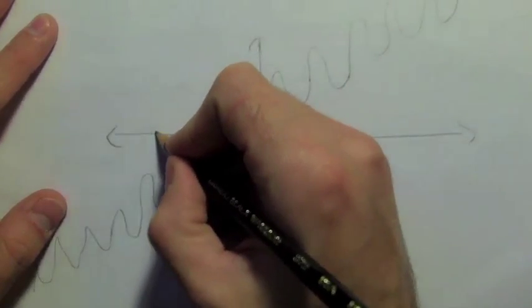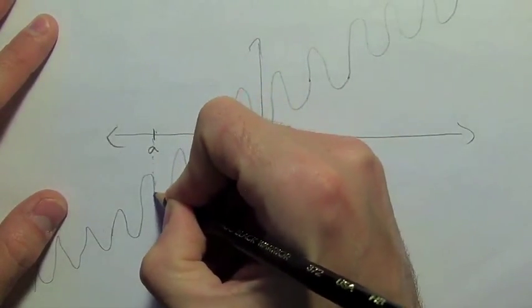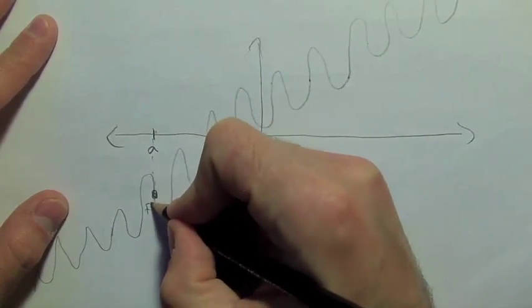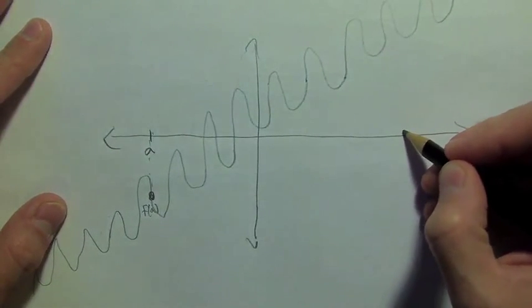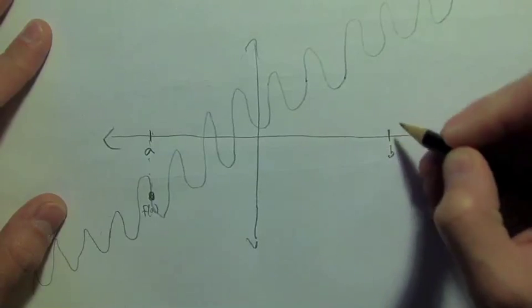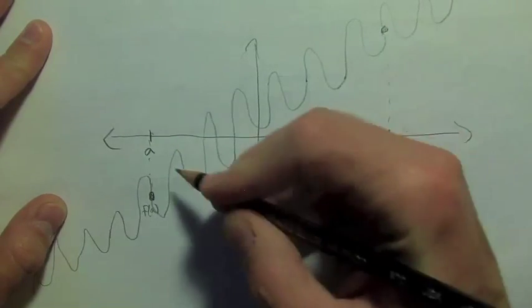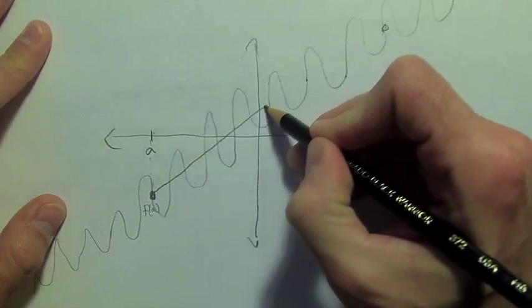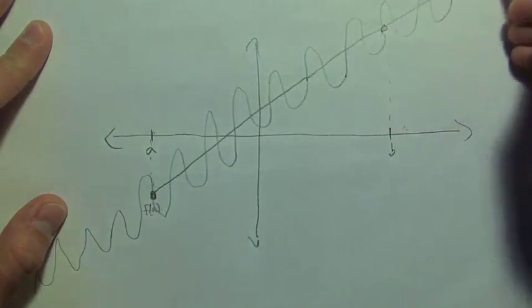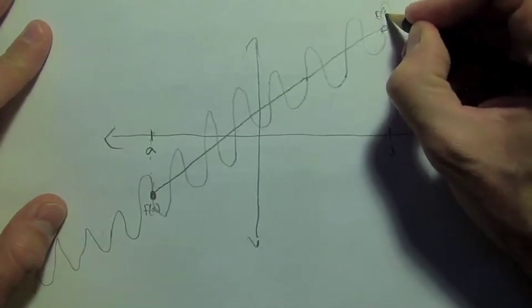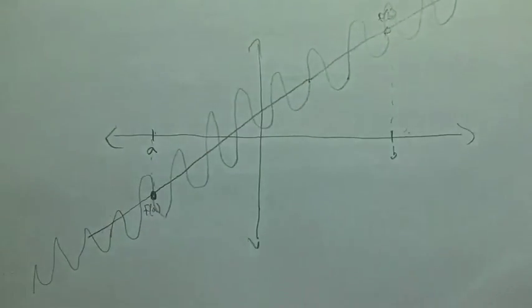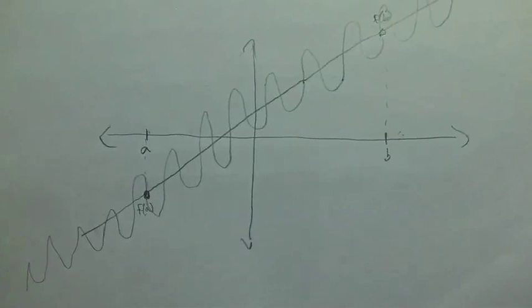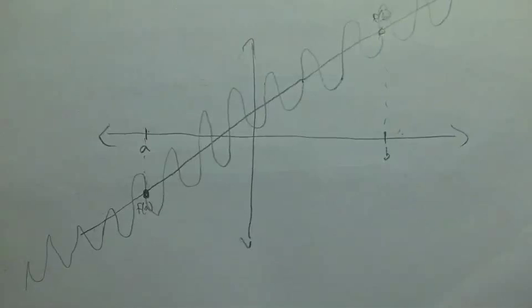So if I say A is, I don't know, right here, and this Y value is f of A, by the way, and let's say that B, I don't know, is around here, and I draw a line between those 2 points. Here's f of B. That line kind of matches the overall behavior of this function over time.